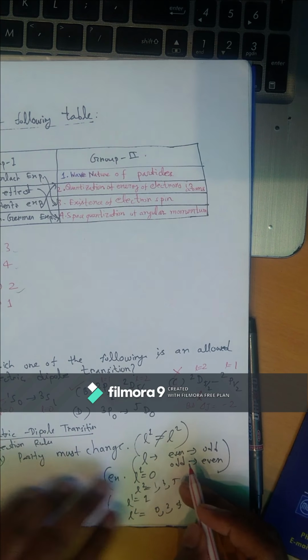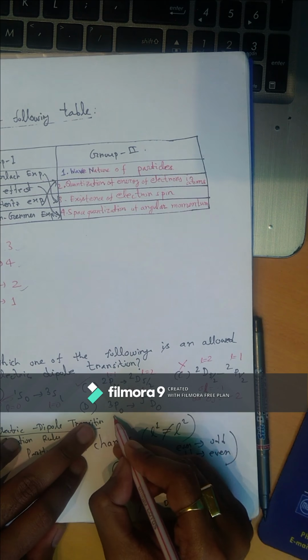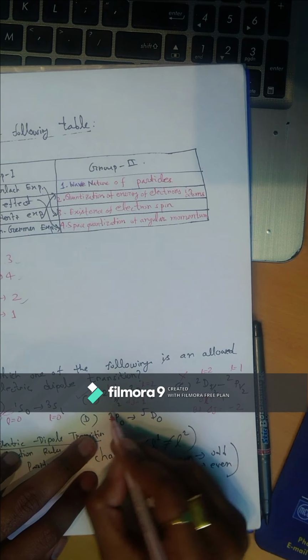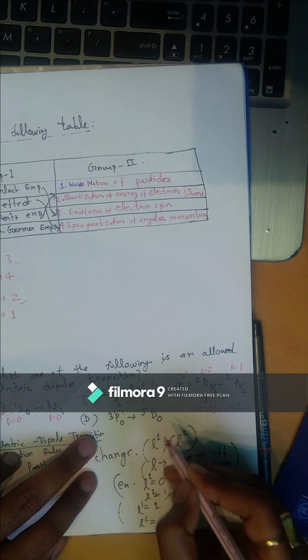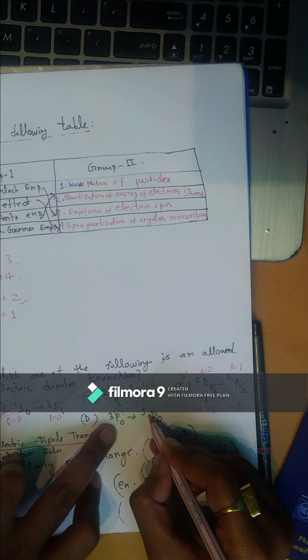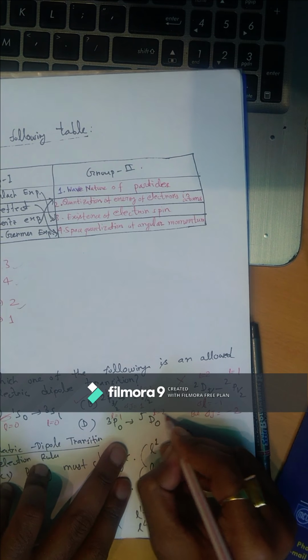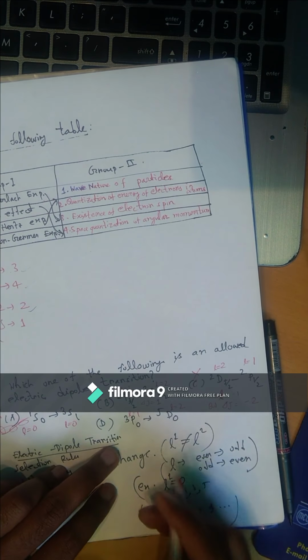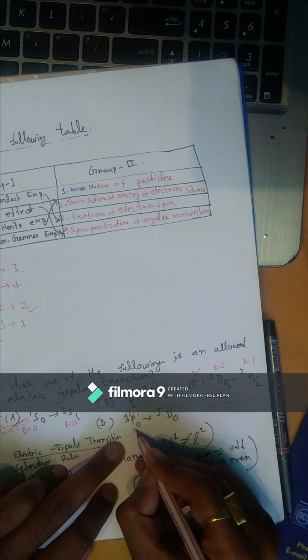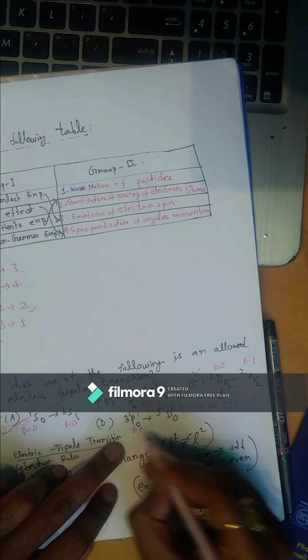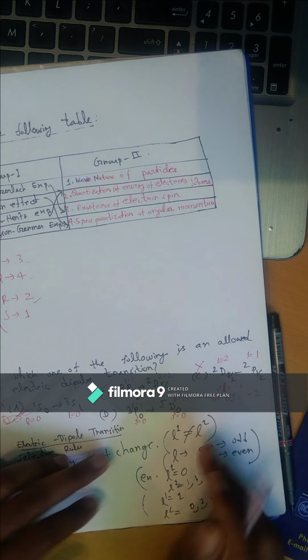And for option D, here L equals 1 for 3P0, and for 5D0 L equals 2, and here J1 equals 0 and J2 equals 0.